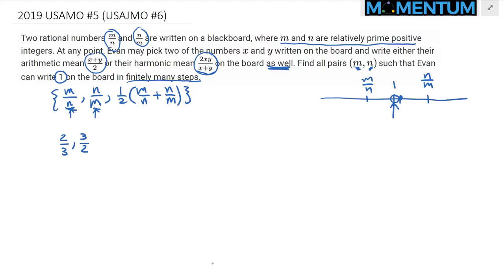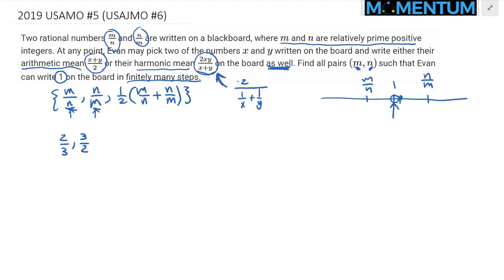One more thing: obviously arithmetic mean is significantly easier to compute compared to harmonic mean. To be honest, I almost never use it. If you use x and y, the harmonic mean would be 2 over 1 over x plus 1 over y, so 2 over the sum of the reciprocals of these two numbers.